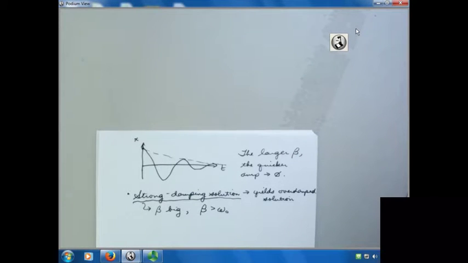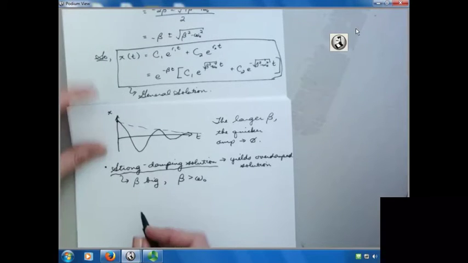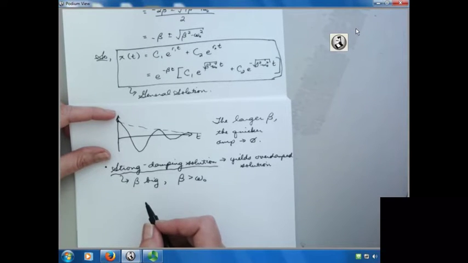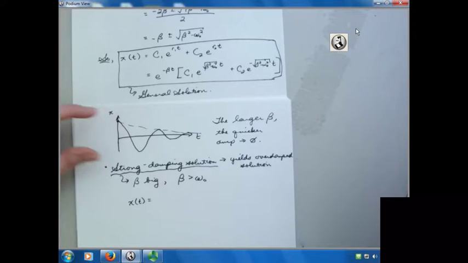So I want to get back to my original form. So I've got this general solution there. So what I get from my general solution is x of t equals, I'll do that on our own real quick.